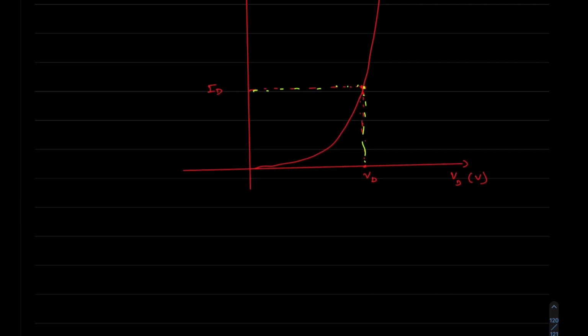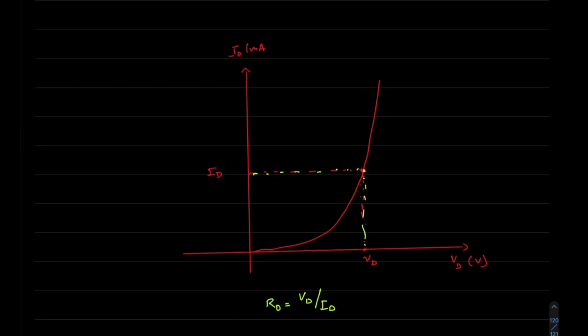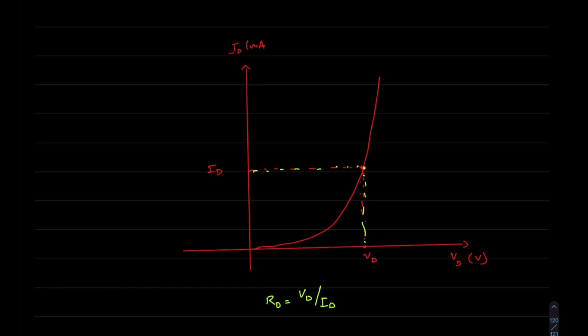It can be written as RD equal to VD over ID, right? The DC or static resistance of a diode does not depend on the shape of the curve. It depends only on the operating point, or the values of diode voltage and current. Under DC voltage, static resistance has nothing to do with the curve.